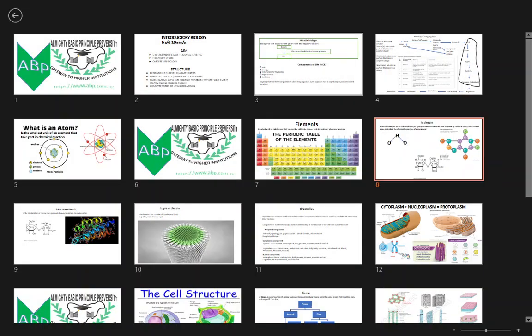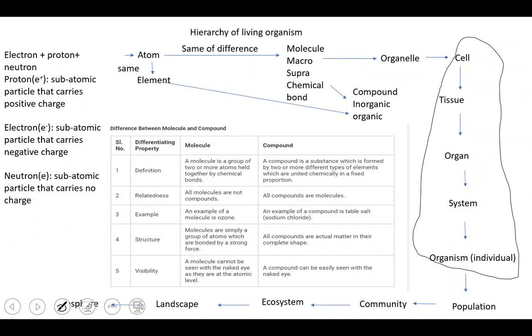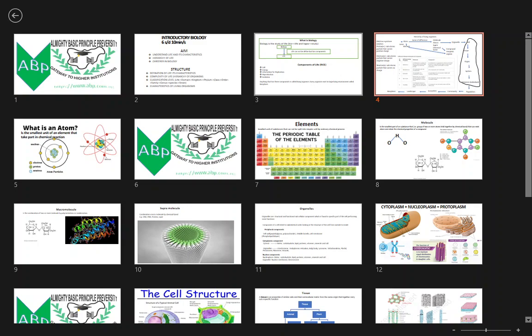If you look at our hierarchy, we see that atoms can come together to form a molecule, and molecules can come together to form a compound. So you can define it backward or frontward, but the most suitable one is to define it with respect to atom, which is a group of atoms held together by chemical bonds.